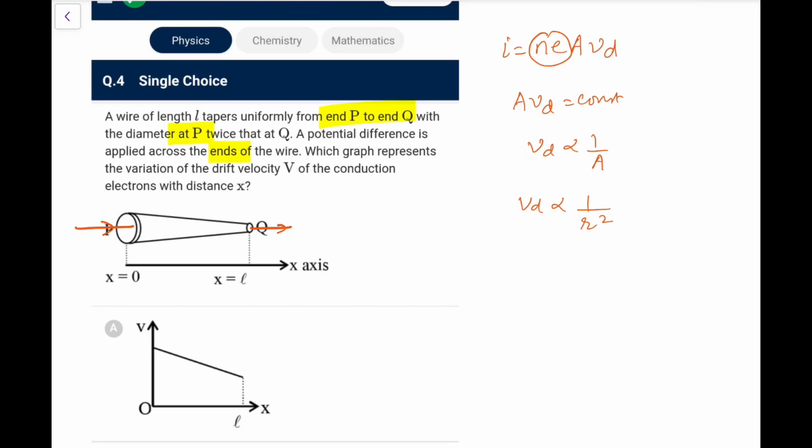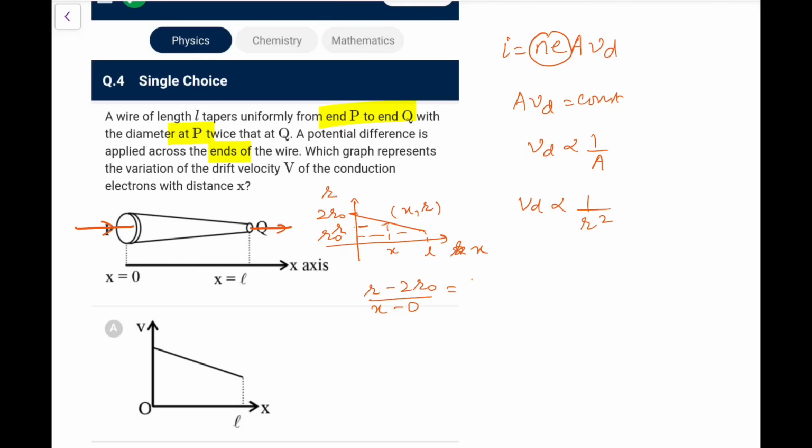Because it is uniformly varying, I can write the radius as a function of distance. It varies from an initial 2R naught, and it tapers with x, and at L it becomes R naught. So you can write the equation: at any x, the radius would be R. What would be the equation of this line? You can directly write it, taking this point as x comma R. So R minus 2R naught upon x minus 0 would be equal to the slope.